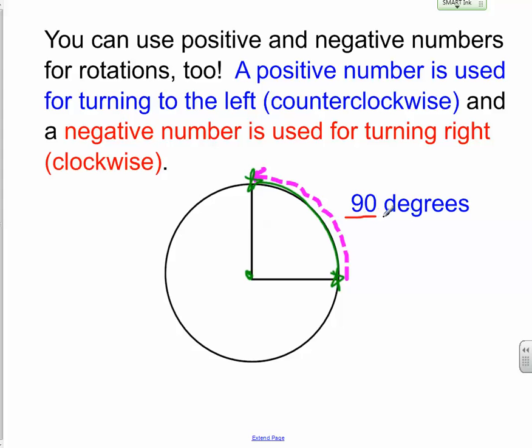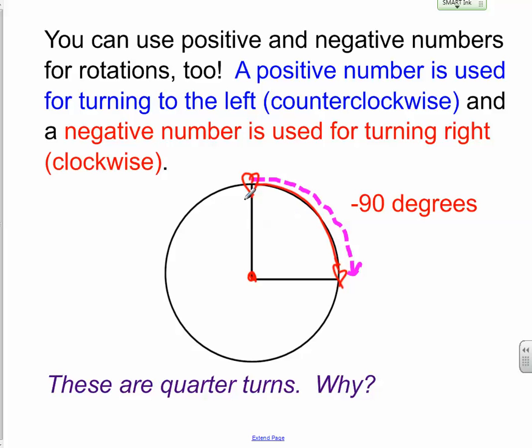So this is a quarter of a circle. Notice the right angle. So that's a positive 90 degrees. So I use a positive number for going counterclockwise. And this is a negative 90 degrees. I'm moving my heart from here to here. I'm rotating this around the center, and I'm going in a clockwise direction. So clockwise is a negative number.